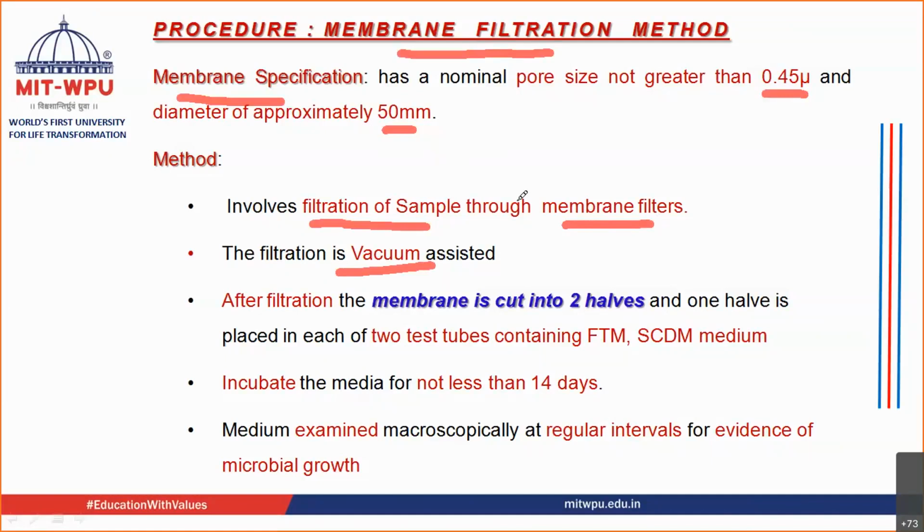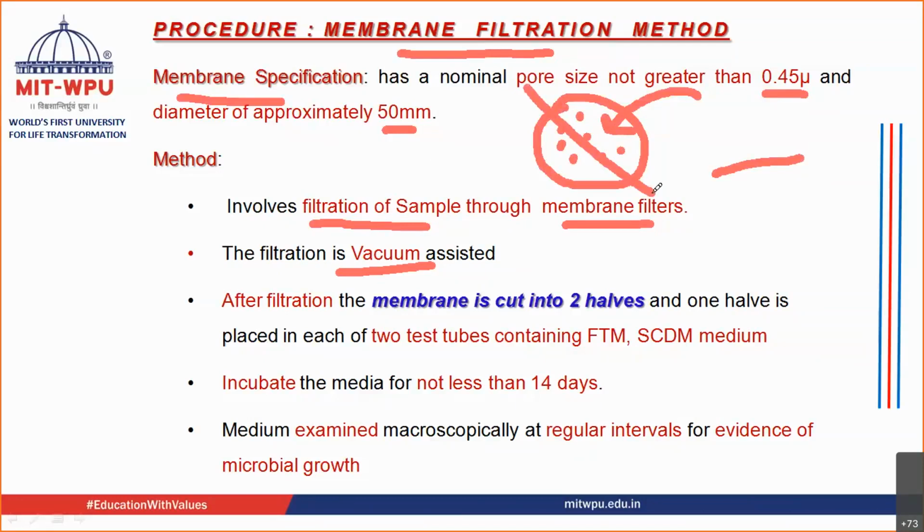Now, after filtration, if there were some microorganisms, they have come onto your filter. This was your membrane filter, on which you put your sample. Filtration has been carried out, and if there were any microbes, they would be here. Now you have to check whether these microbes are here or not. So you are going to cut this membrane filter into two halves.